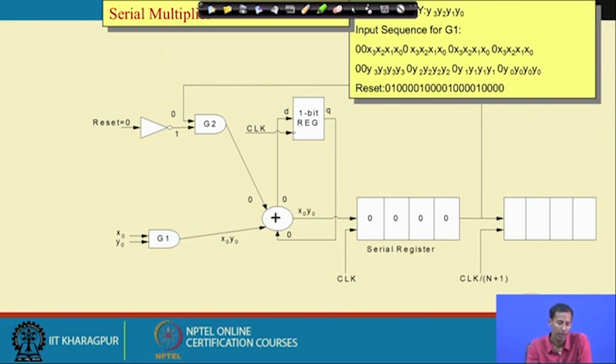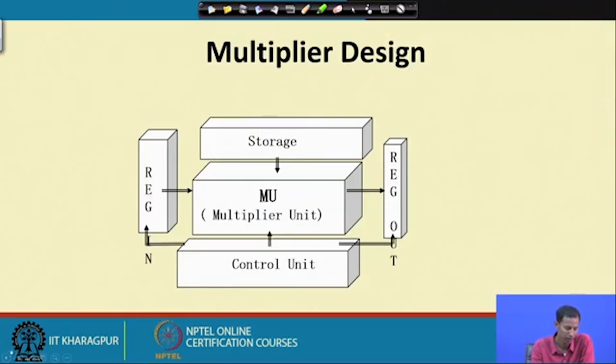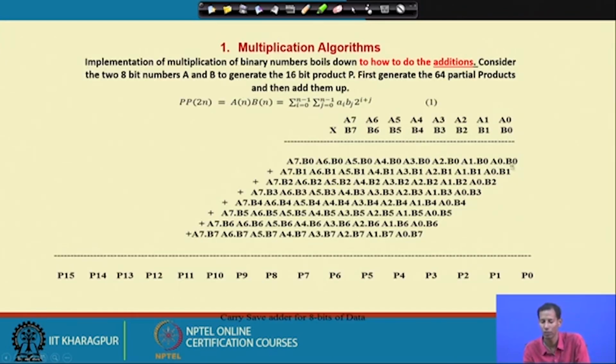Here also it is the same thing. Initially x and y are being ANDed and added with the corresponding output from the shift register, which is nothing but the serial register. So, if I go back to the previous slide, initially I have to do A0 B0, and that will come as P0.